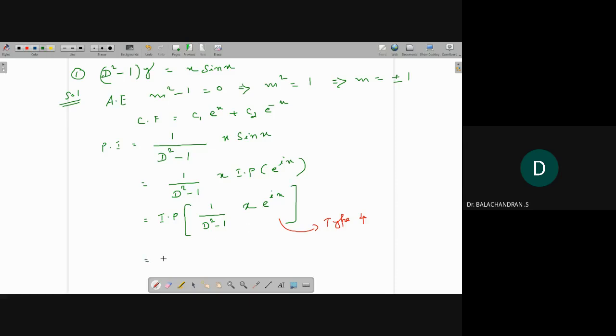Now this equals the imaginary part of, if you take e power ix out, 1 by (D plus a whole square minus 1) into x, where instead of D you replace D plus a. Here a is i, so (D plus i) whole square minus 1 into x. Now this is type 3.